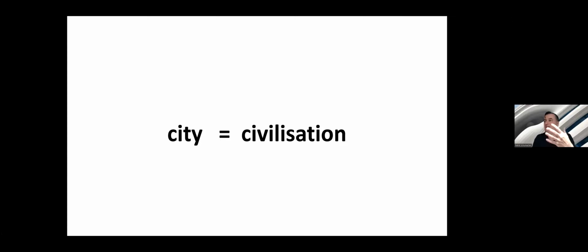So the city is basically civilization. As we build up larger and more complex civilizations, they need these larger built environments, they need cities.